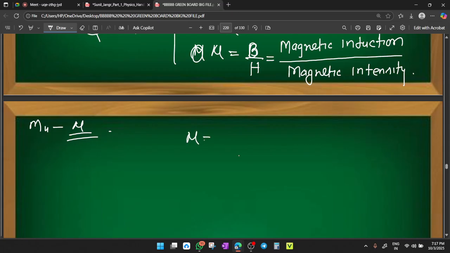How? The unit of B, you know, B equals phi upon A, so Tesla. It can be written as Tesla also. So if you write the SI unit, Tesla, and H is ampere per meter, right?